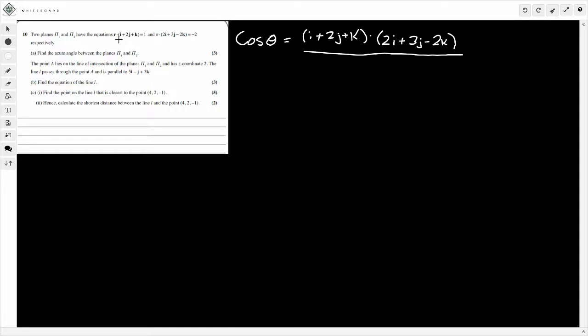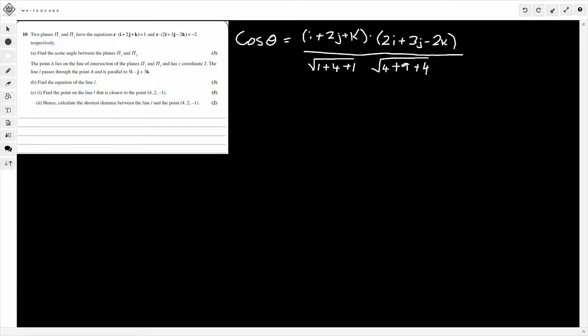So that's going to be 1 squared plus 2 squared plus 1 squared, and we take the square root of all of that. So the square root of 1 plus 4 plus 1. We square each, and we get this. And we're going to times this by the square root of the magnitude of this one. So that's 2 squared plus 3 squared plus minus 2 squared, so that's 4 plus 9 plus 4.